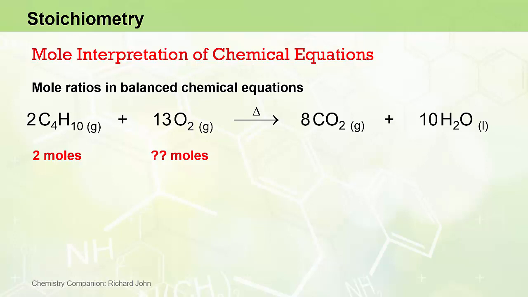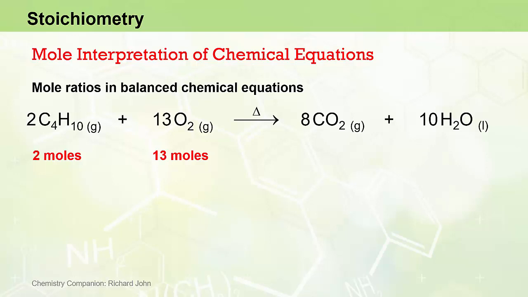Once again, we can use the ratio of the stoichiometric coefficients to help, only this time the relevant ratio is 13 to 2, being the coefficients of oxygen and butane respectively. And we've already seen that the answer in this case is 13 moles of oxygen, or O2, would be required to react with the 2 moles of butane.